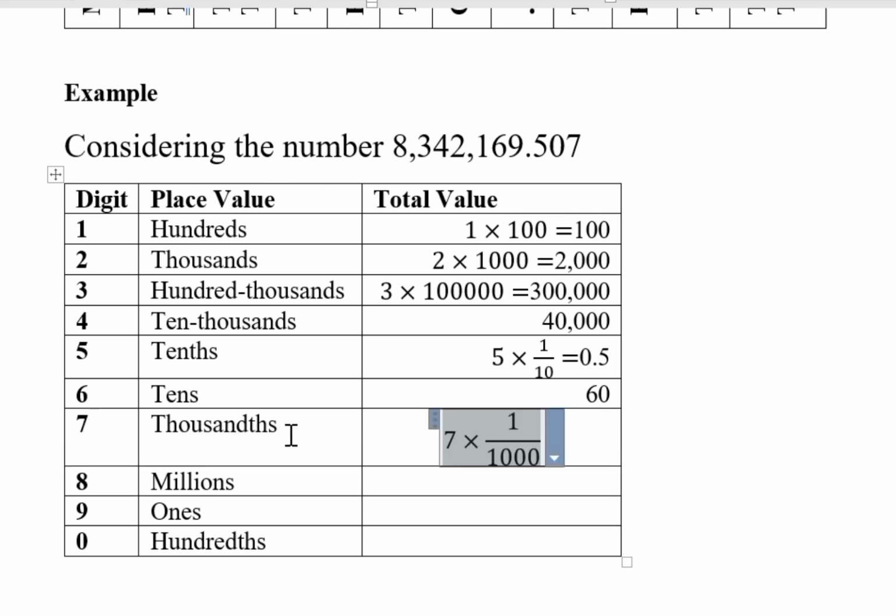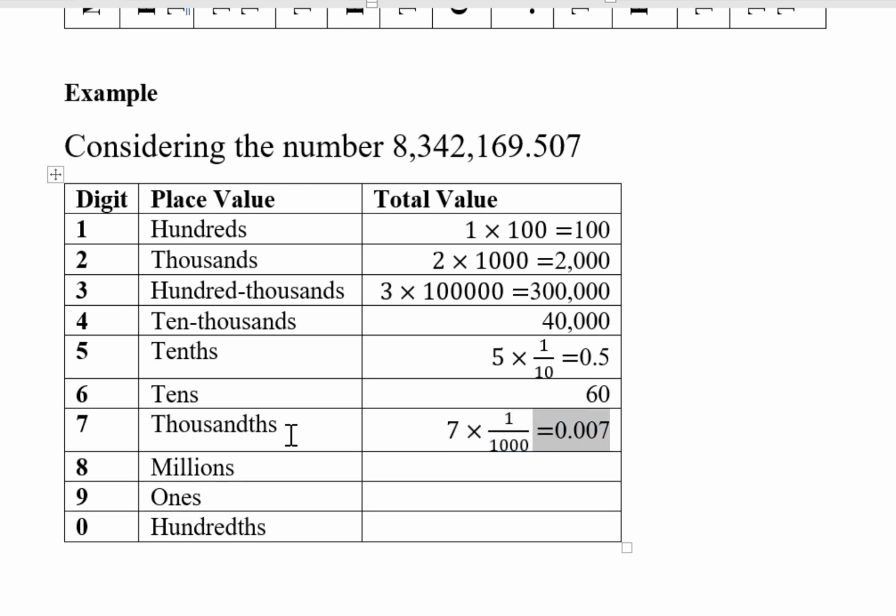And if you do that, you will get 7 over 1,000, which in decimal is 0.007.